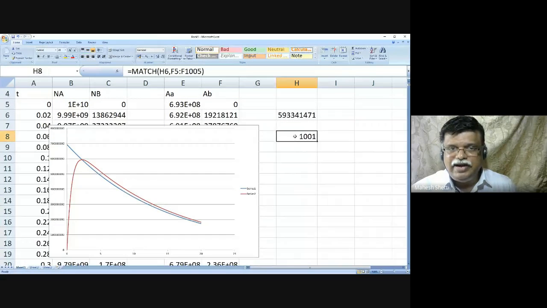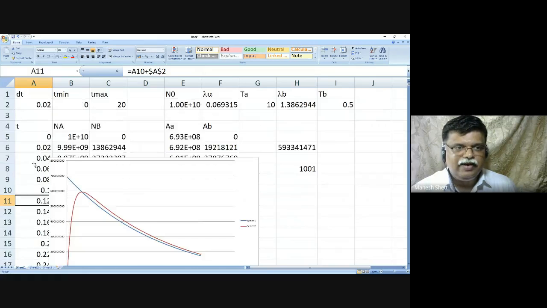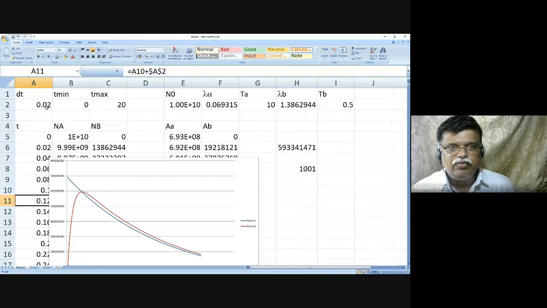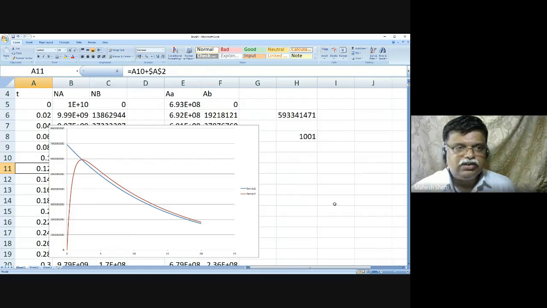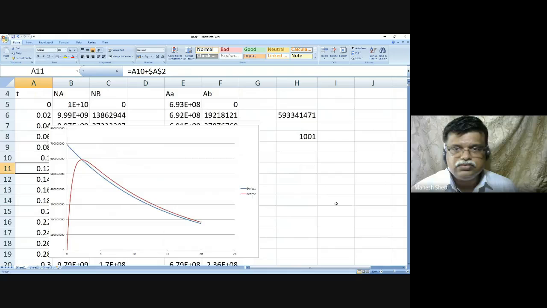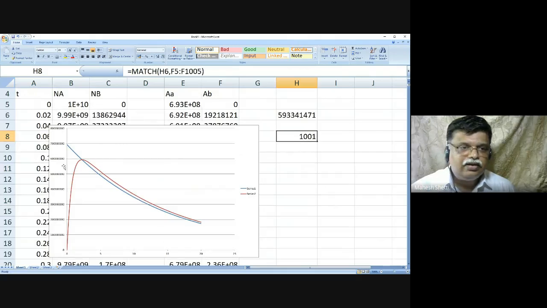So I got the index at 1001, I'm getting this maximum. I expect that at 1001 I should be getting maximum, because my incremental step is 0.02. So 1000 into 0.02 gives me about 20 or so.